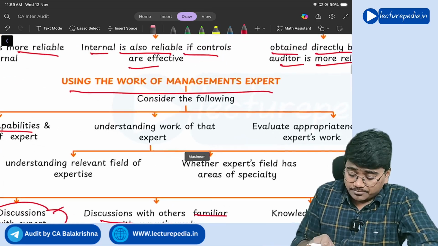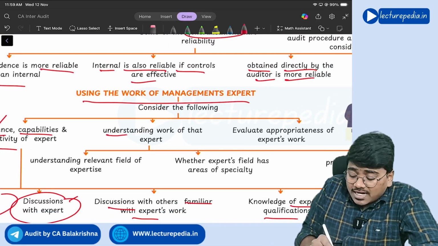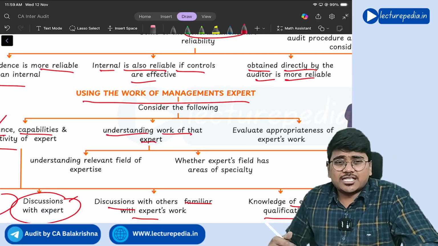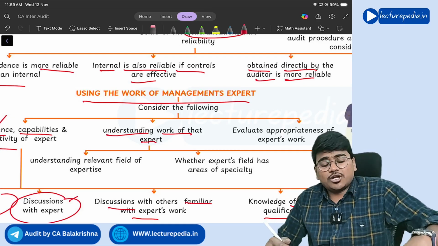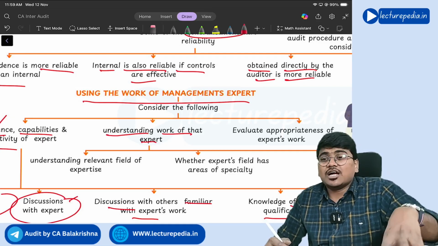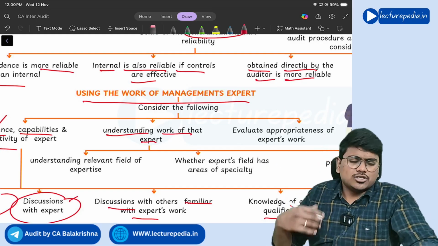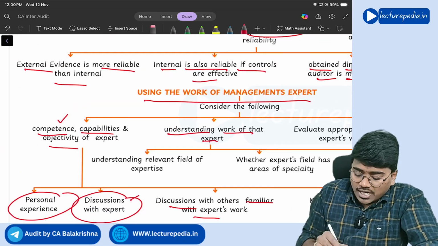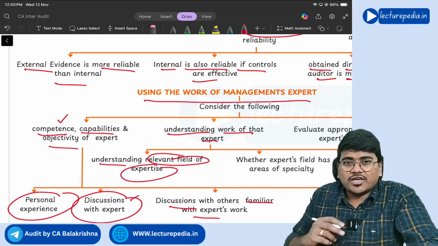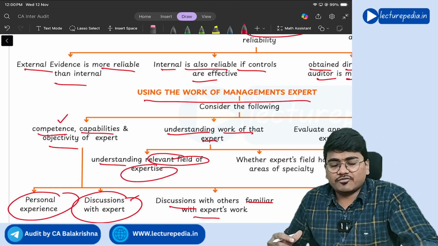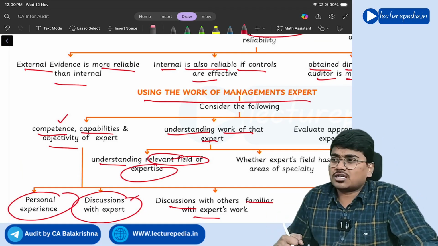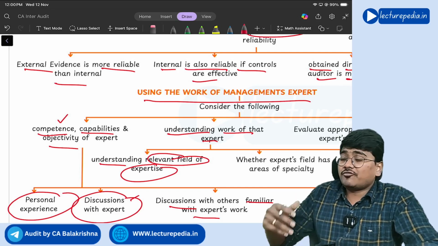Now you will understand the work that the expert has performed. First of all, you have understood the expert. Now you will understand the work that the expert has performed. For this purpose, you will understand the relevant field of expertise. For example, in the case of doctors, there are a lot of specialists.